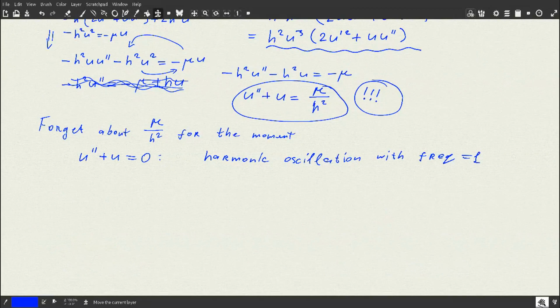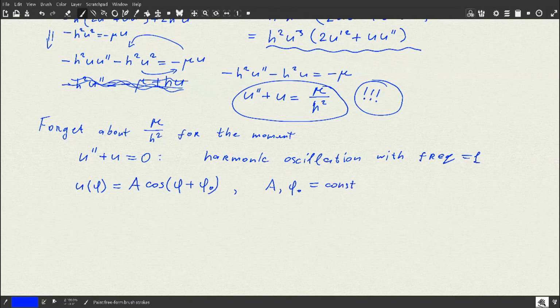For that one with 0 on the right-hand side, the general solution for harmonic oscillations, u of phi, not of t, is some amplitude A times cosine of phi plus phi 0, where A and phi 0 are constants.